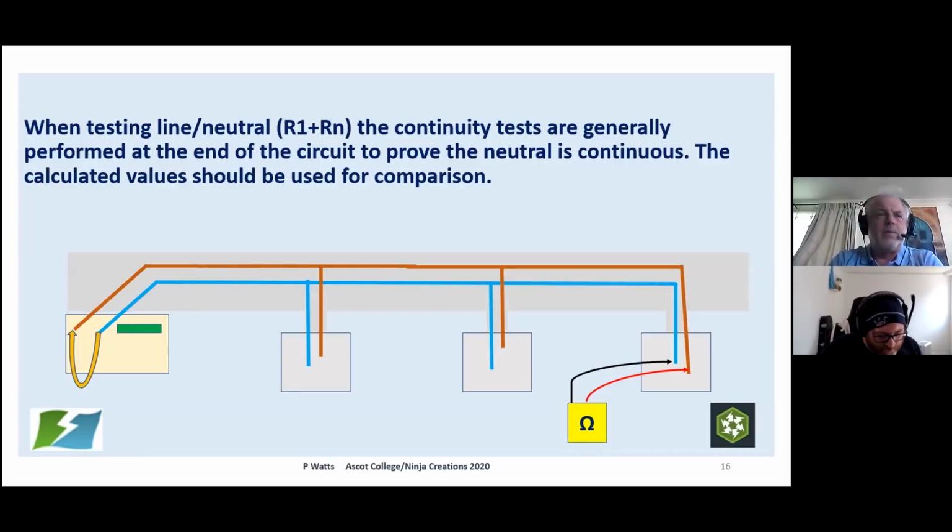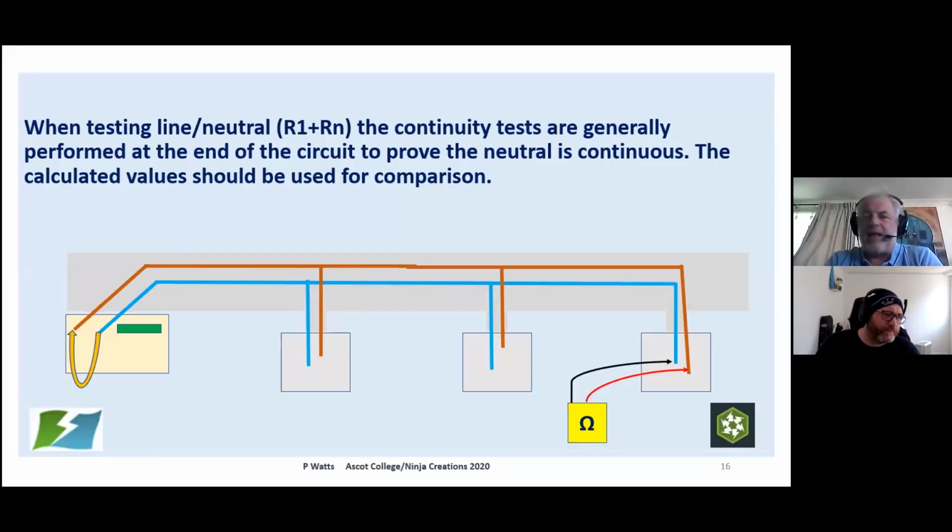There's been a few mentions of conduit and trunking. There are tables in some of the guidance notes and other products for resistance values of different sizes of conduit and trunking. I haven't actually gone into them here because we didn't really have enough time. The other issue with those is that you've got multiple connections into your trunking and your conduit.